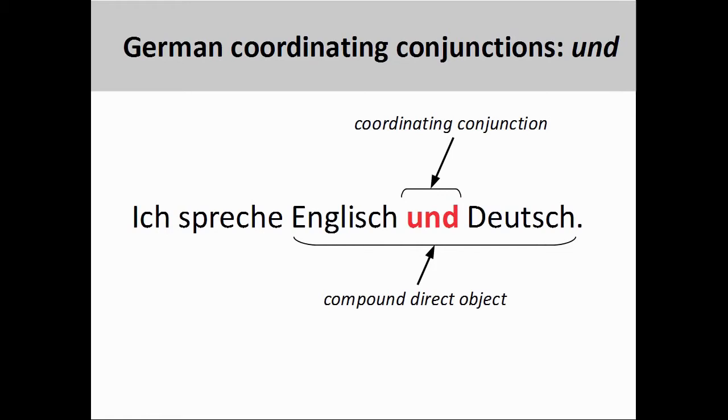As these sentence elements are syntactically equal, we can remove the redundant elements and join the remaining direct objects with a coordinating conjunction, und. This creates the compound direct object you see on the screen.